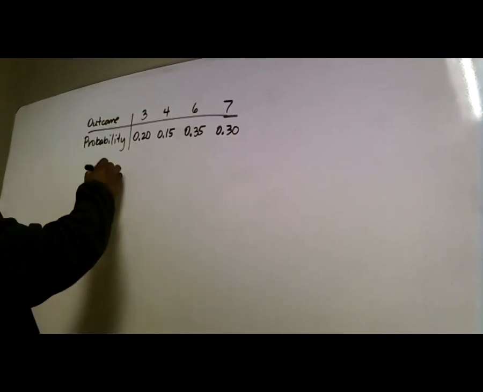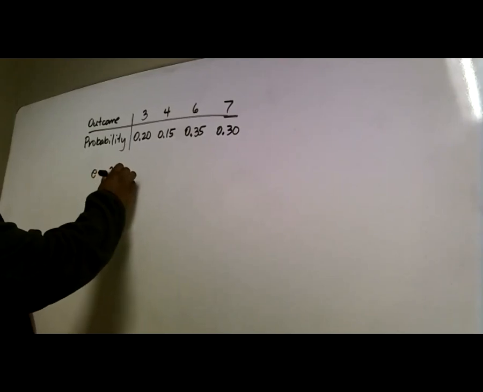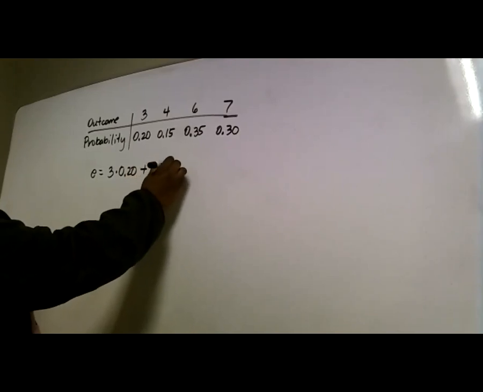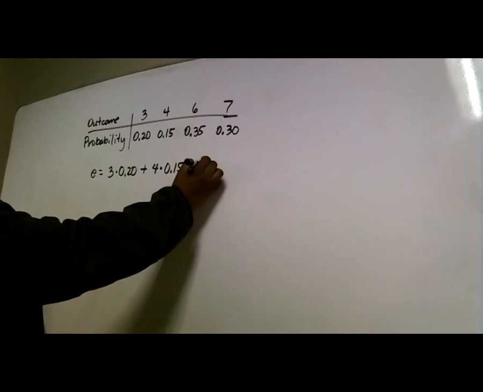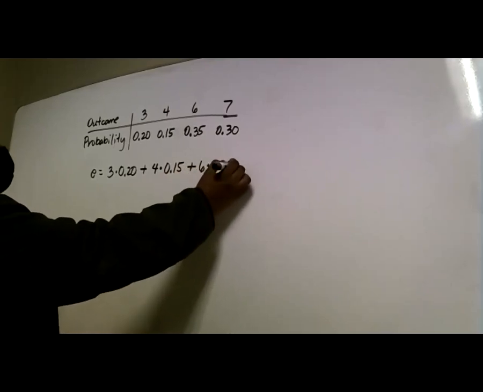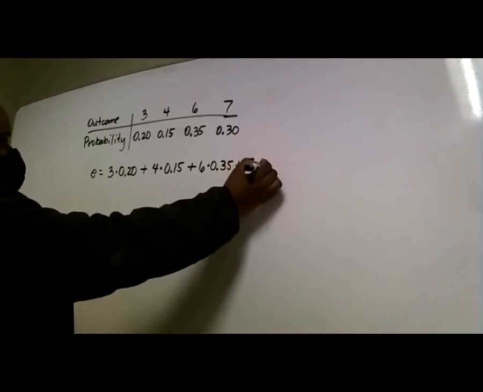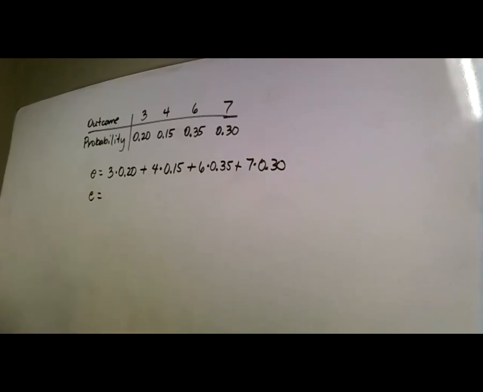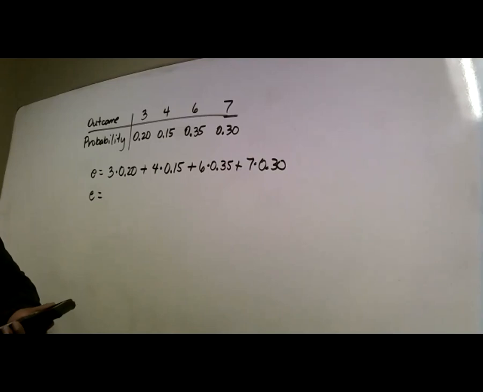So it's going to be 3 times 0.20 plus 4 times 0.15 plus 6 times 0.35 plus 7 times 0.30.